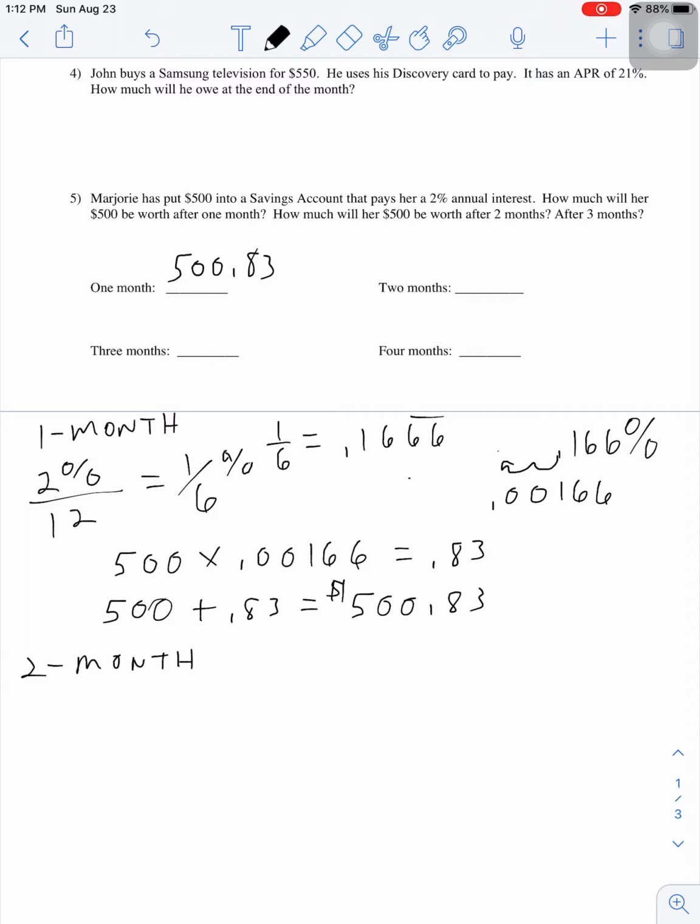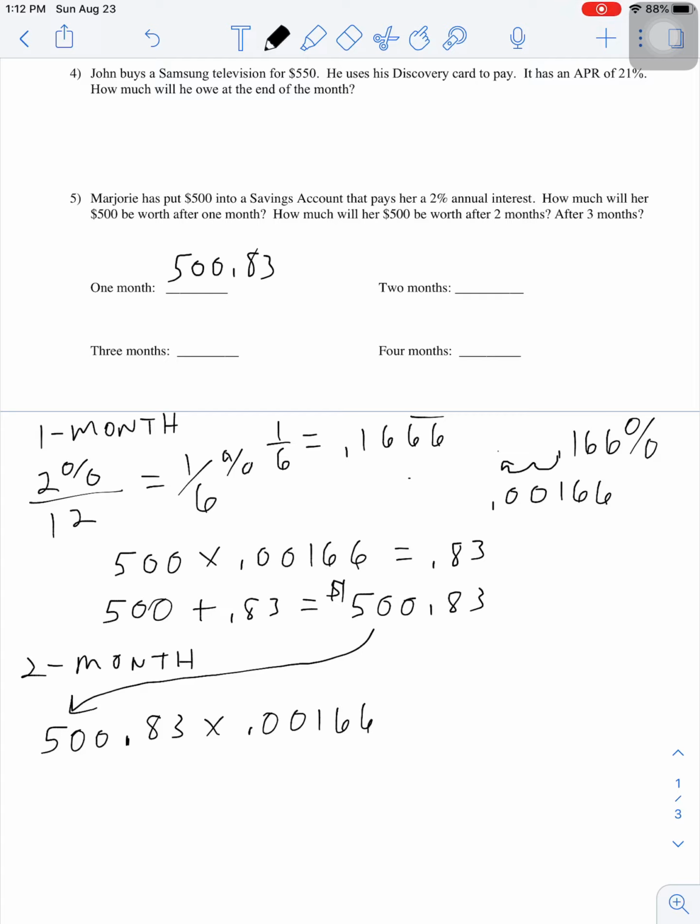What you do have to do is, this is our new balance for the second month. So now I have $500.83 times 0.00166.